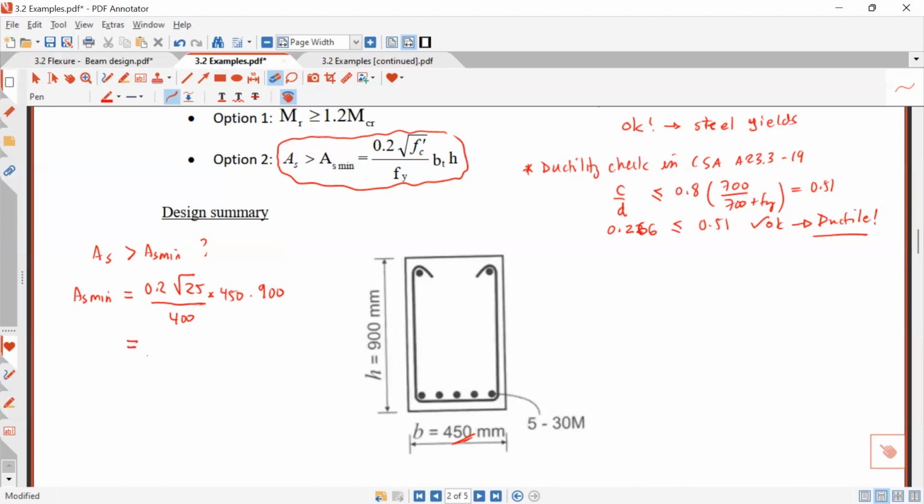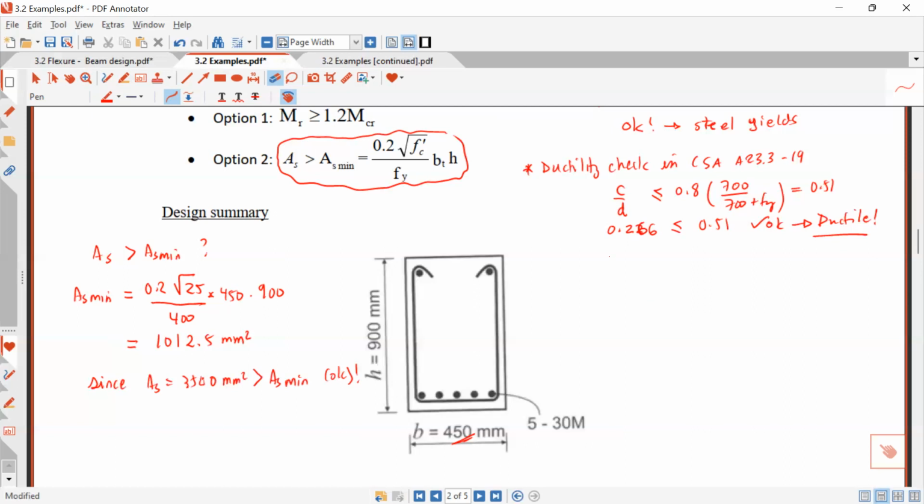If I do this one, I'm going to end up with 1012.5 millimeters squared. So since As equals 3,500 millimeters squared, it's larger than As min. So this is also okay, right? So this is okay. What are some other checks that we need to do?